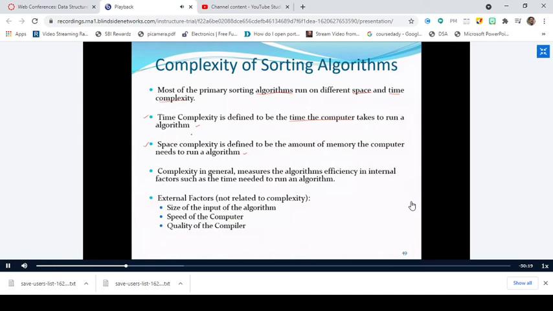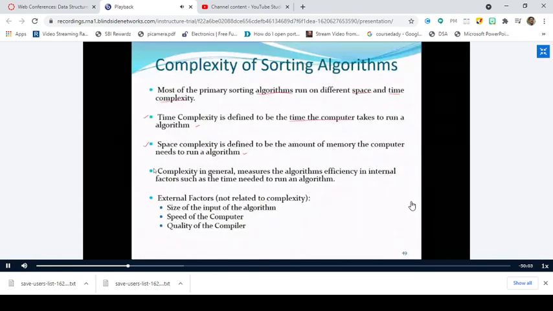And as I told, these are not all the factors that judge the efficiency of the time complexity.